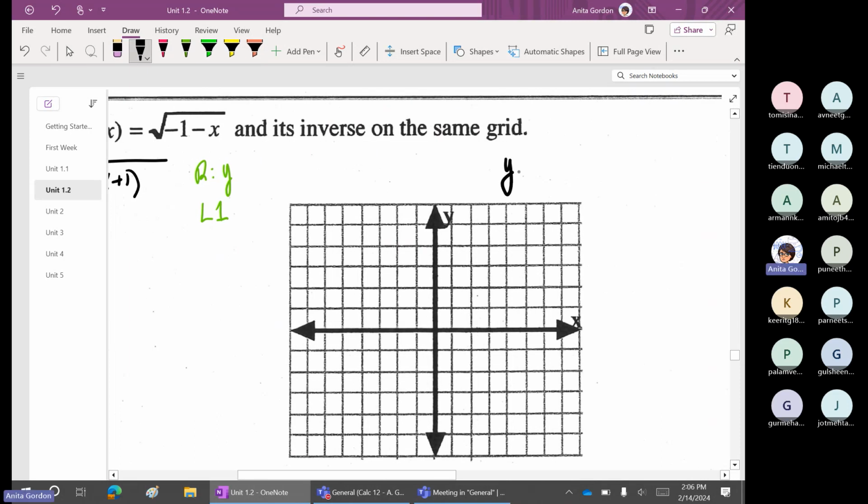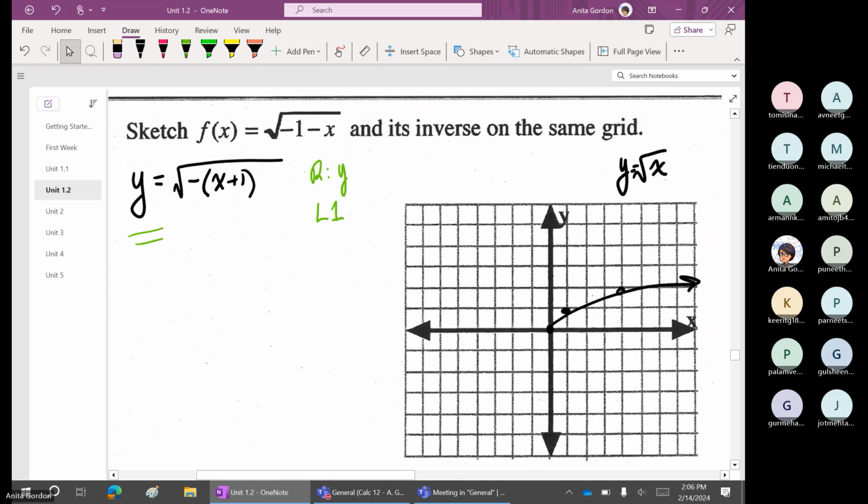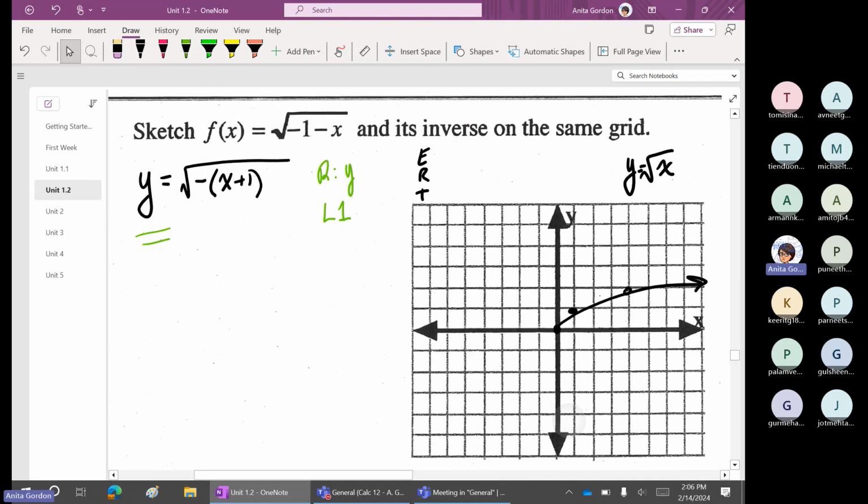A basic y equals square root of x would look like this, starting at 0. What does this function look like? Remember that we have to do this in order. What am I doing first?